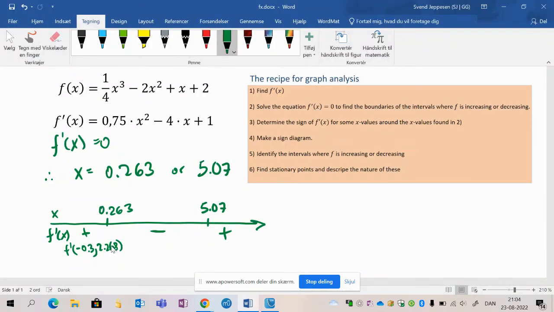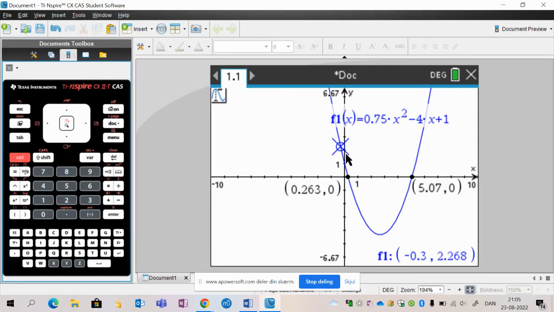So this equals 2.268, and therefore this is positive. And you can do the same for the other two intervals. You can go here to some point in the next interval.